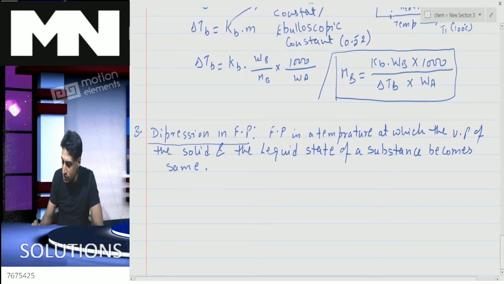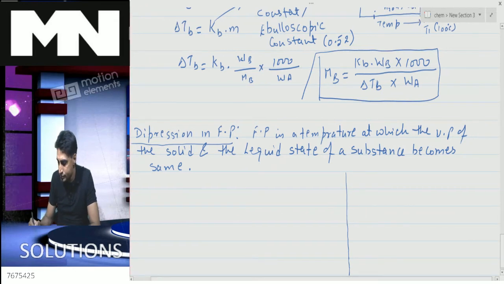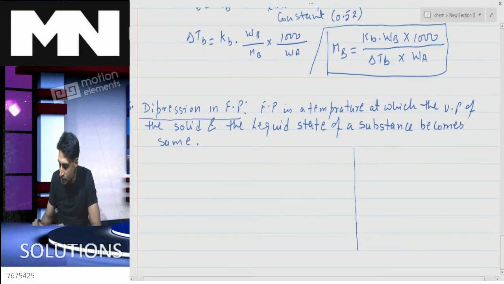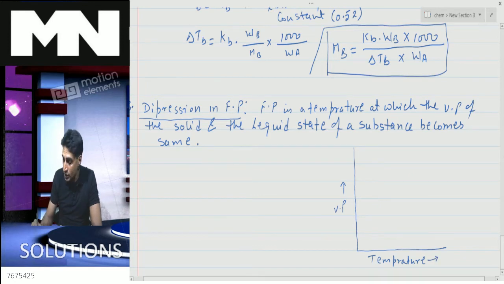Now suppose, again, same type of a graph. On this axis, I am representing vapor pressure, and on this axis, I am representing temperature. Again, here I have got a pressure.